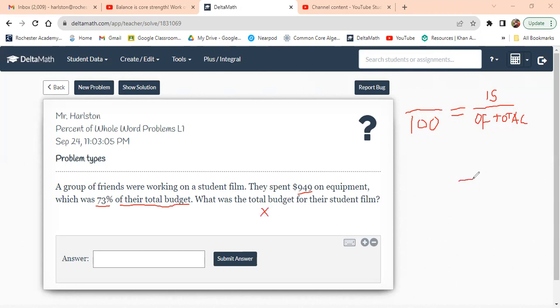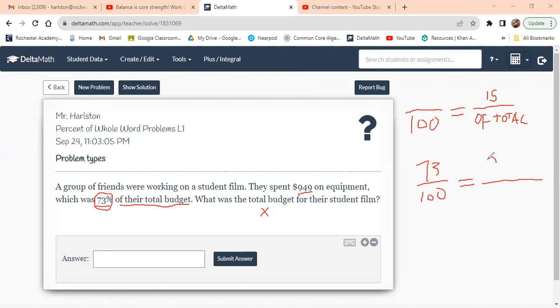So we're going to go equals and the percent. We got 73%. Remember, percent just means divided by 100. So this is going to be 73 over 100. That's what the 73% represents. Now, it says they spent $949.